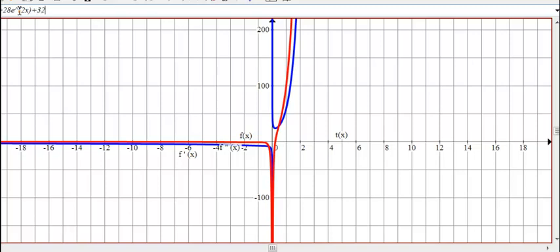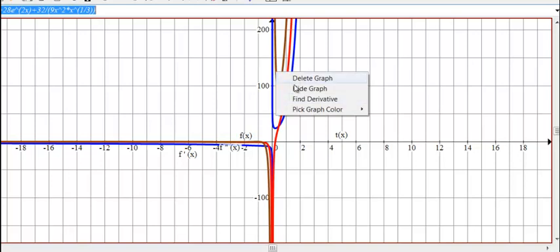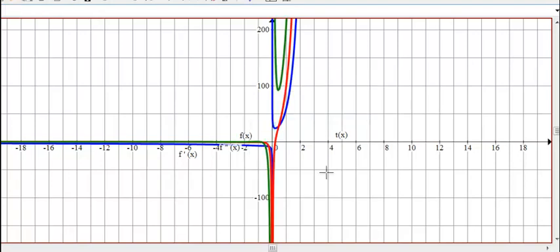Plus 32 divided by parentheses 9x squared times x to the 1/3. That 1/3 needs to be in parentheses, and the whole denominator needs to be in parentheses. Okay, and that one, let's see, we've usually been using green, I think, for the second derivative.